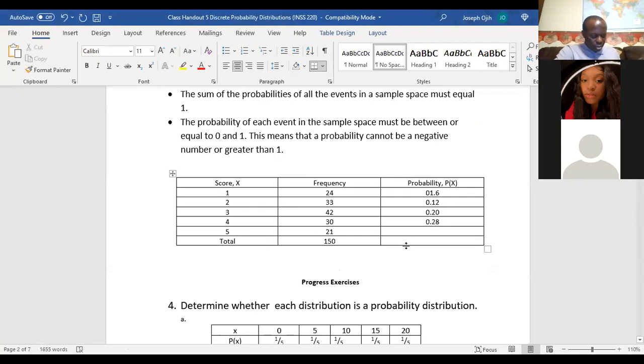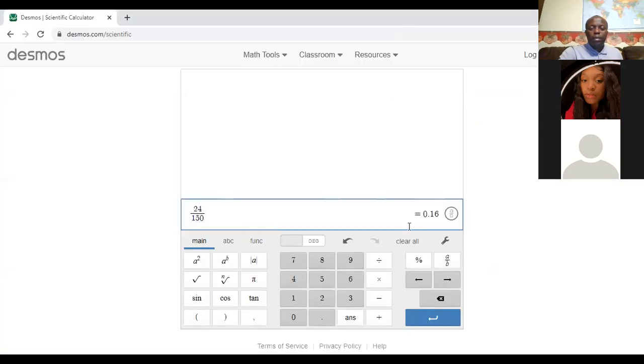What did I miss here? I think I missed something. 4 is 0.20. I'm going to double check 30 by 150. Okay, we got 30 by 150 is 0.2. So it's correct. 30 is 0.2.